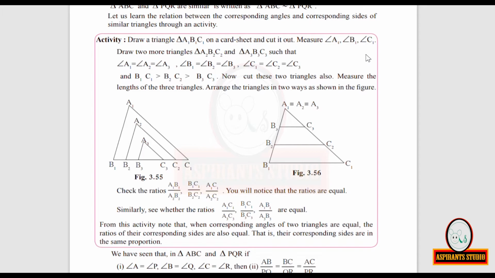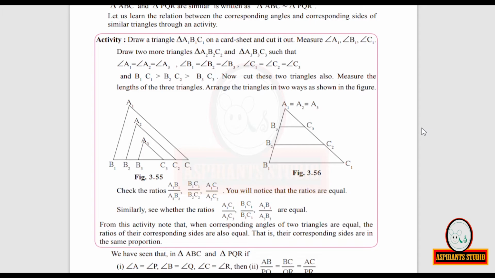Measure of angle B1 is equal to measure of angle B2 is equal to measure of angle B3. Measure of angle C1 is equal to measure of angle C2 is equal to measure of angle C3. And also B1C1 should be strictly greater than B2C2, which should be strictly greater than B3C3.